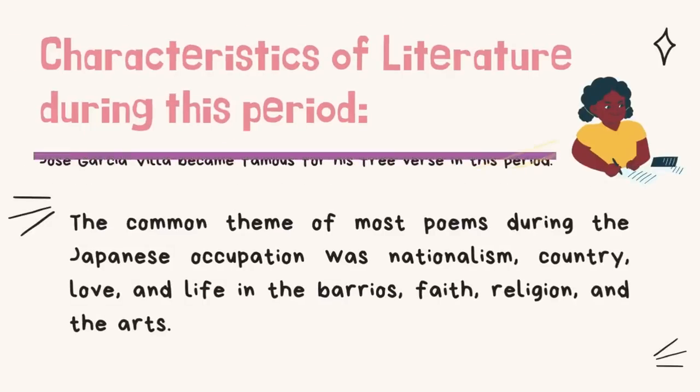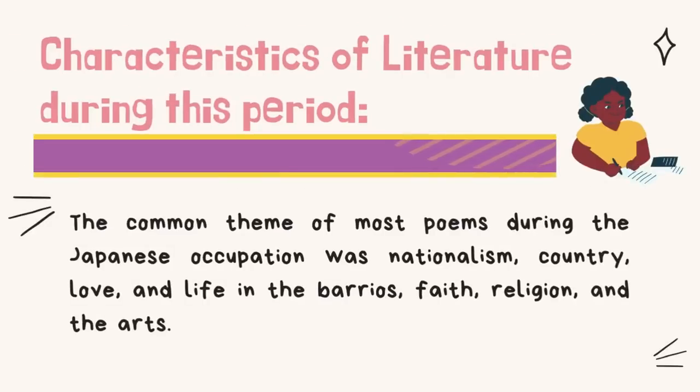The characteristics of literature during this period are as follows. The common themes of most poems during the Japanese occupation were nationalism, country, love, and life in the barrios, faith, religion, and the arts. So that's how the literary pieces in the Japanese era were written.